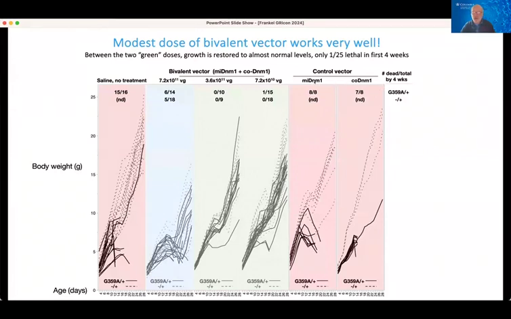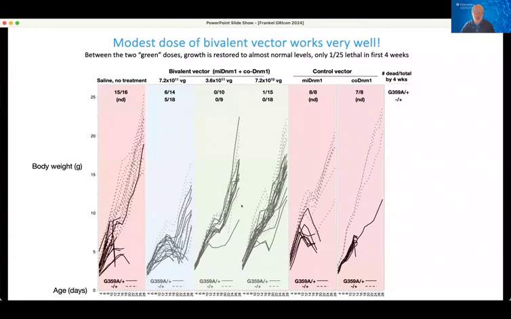We actually made versions of the vector that lacked the cDNA or lacked the knockdown. So we have the microRNA only and the cDNA only. And those look very much like the untreated or saline-treated: stunted growth, truncated lifespan. But what's really cool is what's happened with the bivalent vector when you have both of them in there.